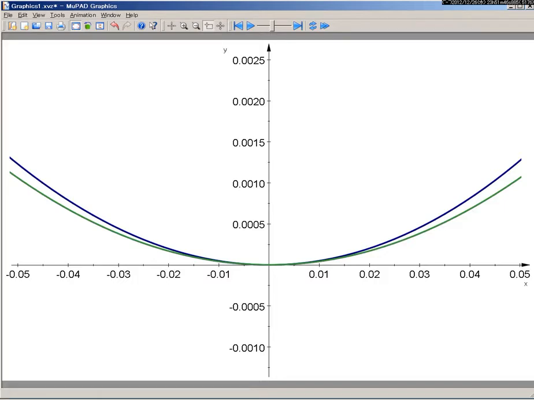Okay, so both curves look very similar to y equals ax squared. It's not perfect, so we are going to magnify these graphs again.